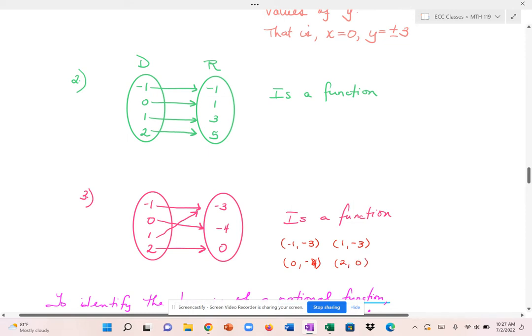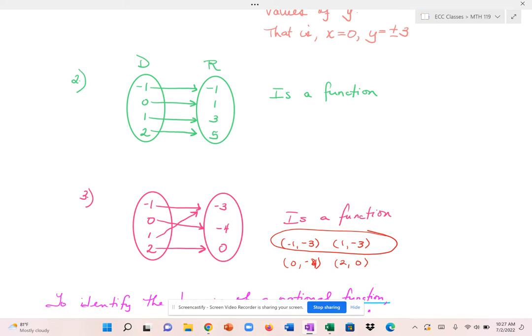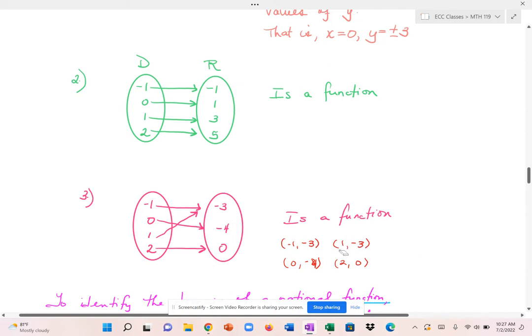So for every x, there's only one y. It is okay for the y's to be repeated. Like this is okay to happen. For every value of x, I only have one y. It's okay if the y's get repeated. You just can't have one x going to two different y's.